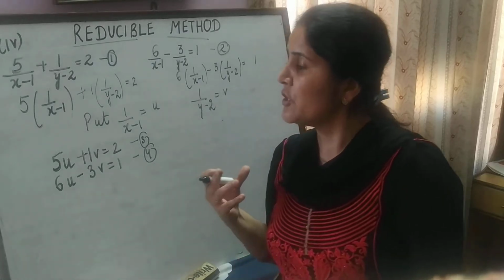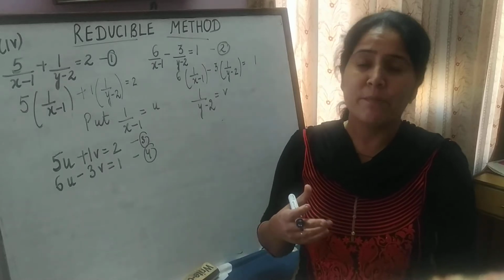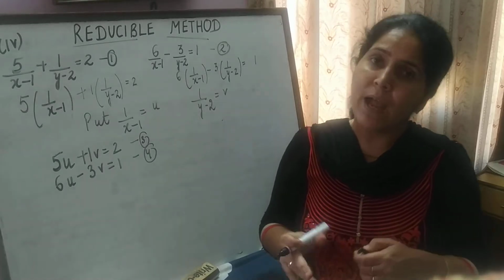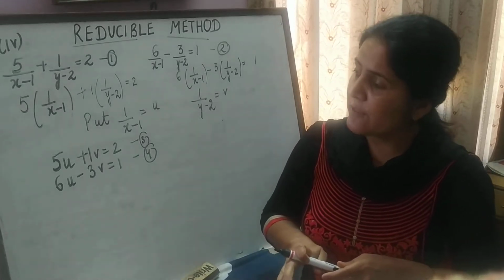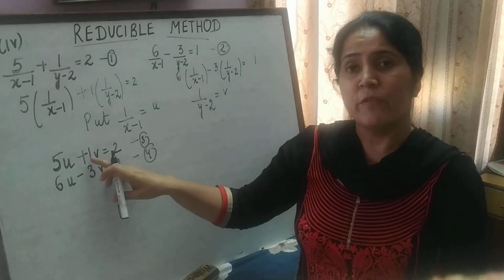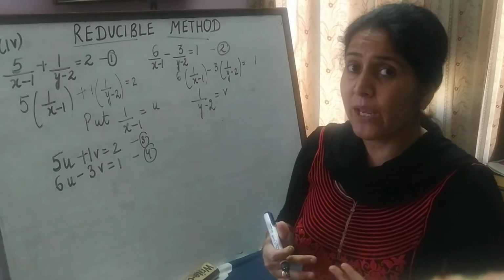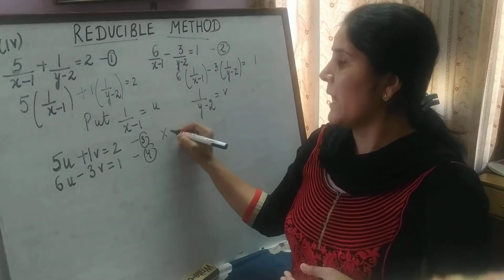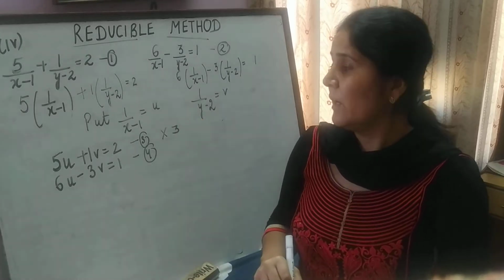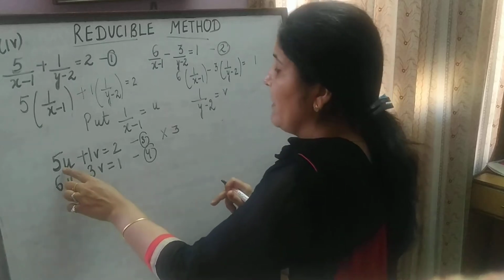To use the elimination method, I need to make the numerical coefficient of that variable same which I want to eliminate. So I want to eliminate v here, and you can see the coefficient of v is 1 here and the coefficient of v is 3 here. So I need to make it same, and to make it same I need to multiply the third equation by 3.